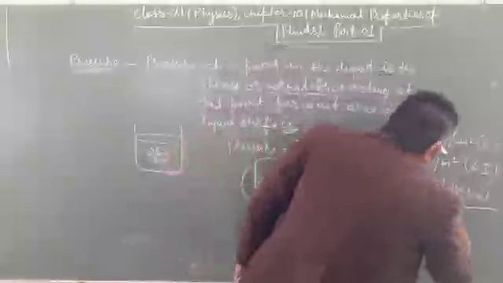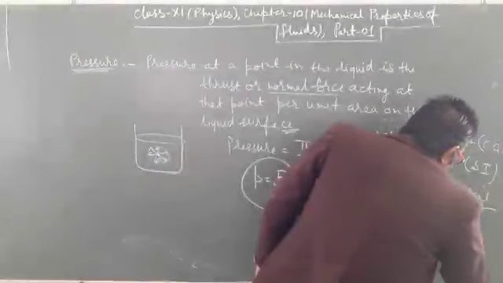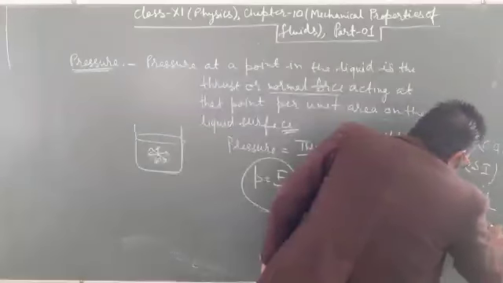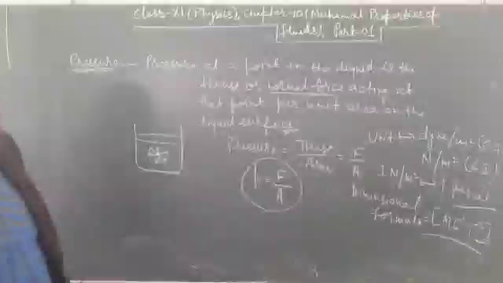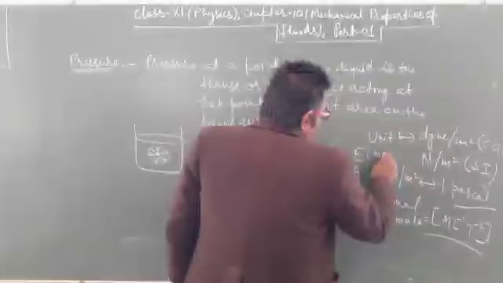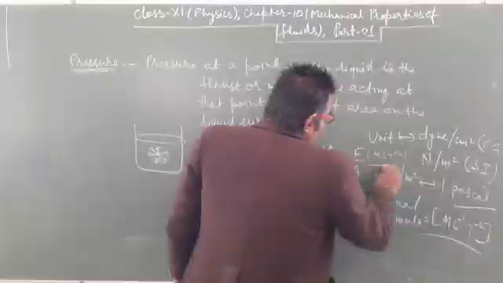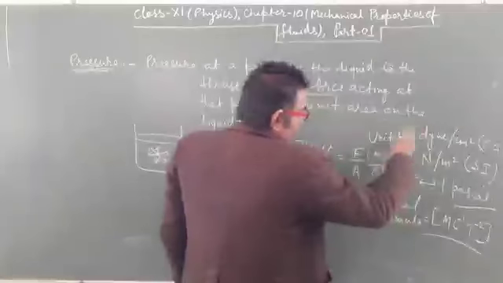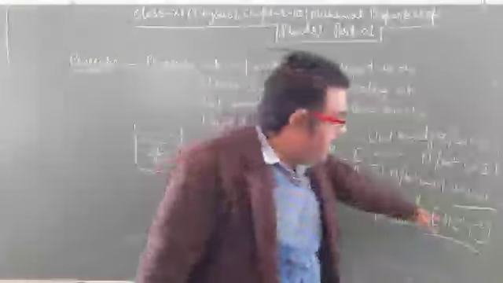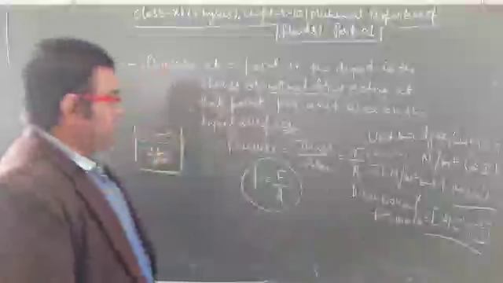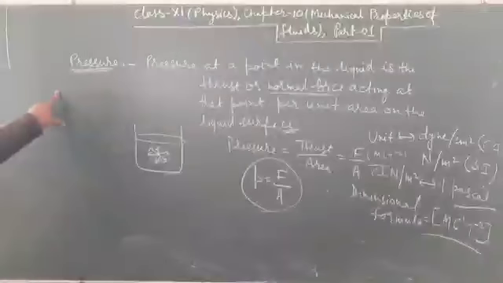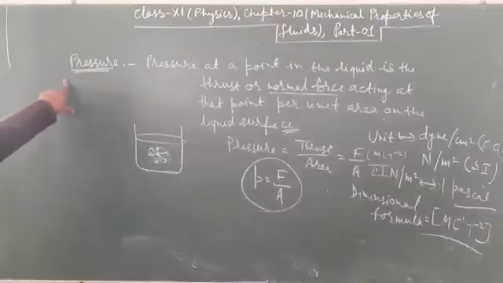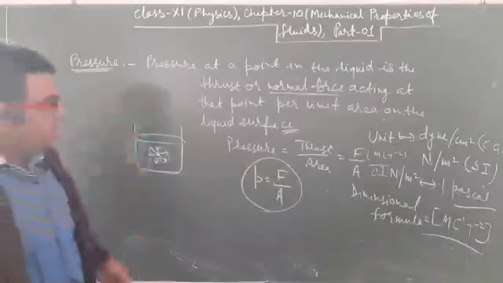So it is ML minus 1 T minus 2, because force has the dimension MLT minus 2 and area has the dimension L square, so it will go upside and become L minus 1 T minus 2. So this is about the basics of pressure.